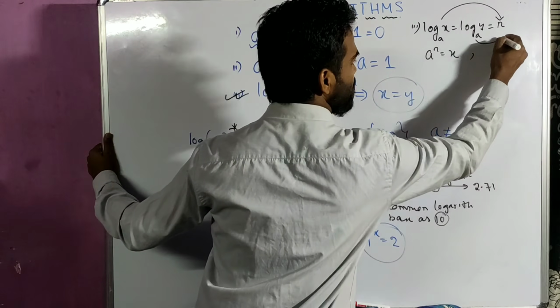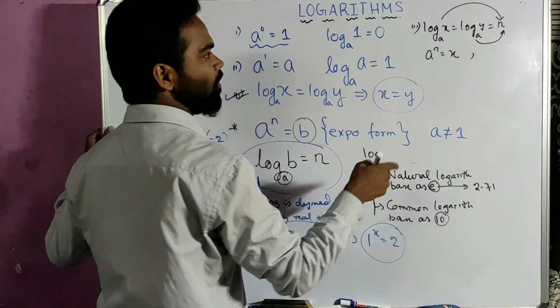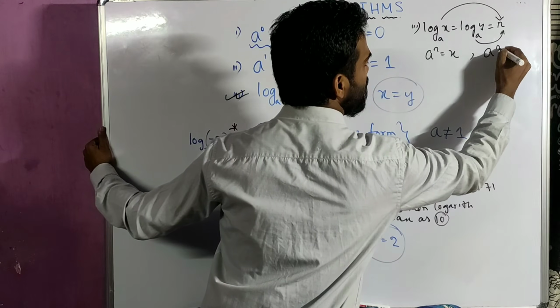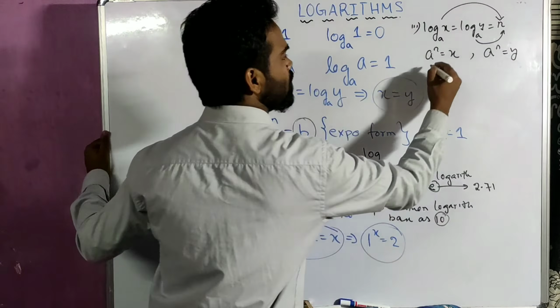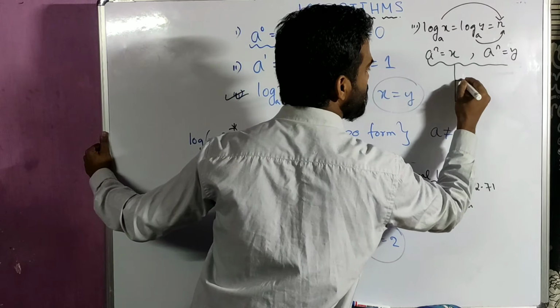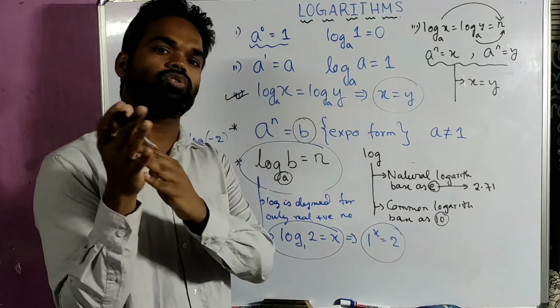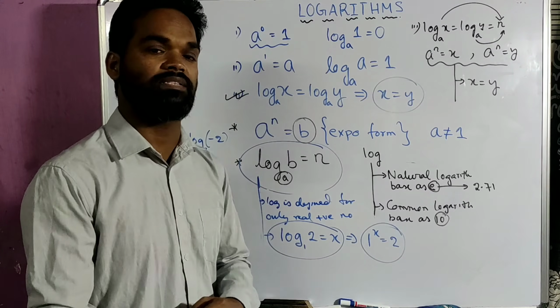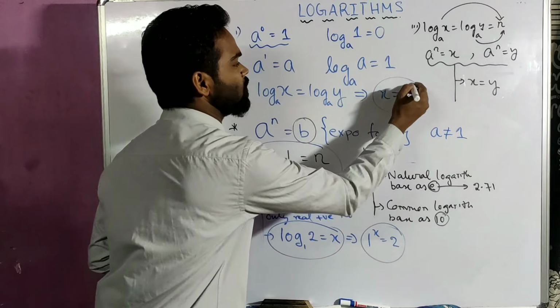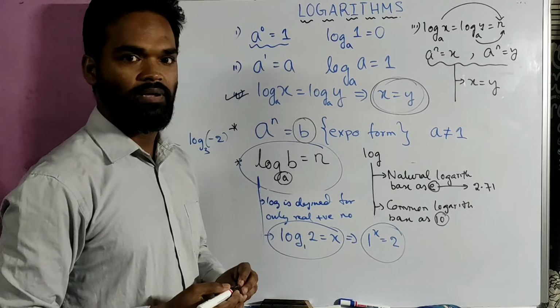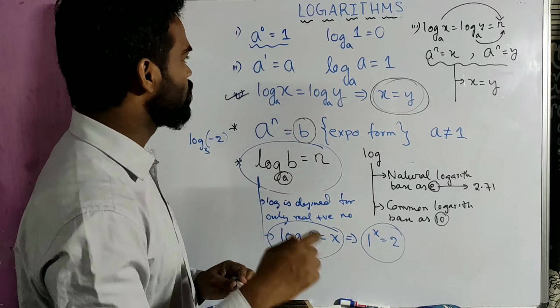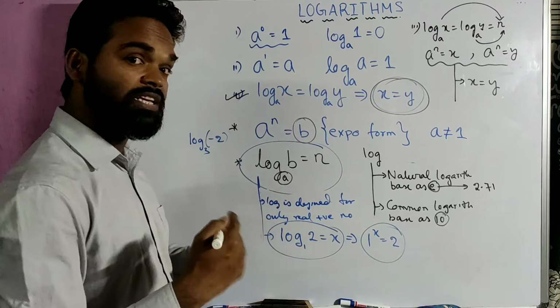Similarly, can we write a to the power n equals y? So comparing these two, we can clearly write x equals y. So if log x equals log y with the same base, then we can say that x equals y. Now we'll look at a few sums based on these properties only.